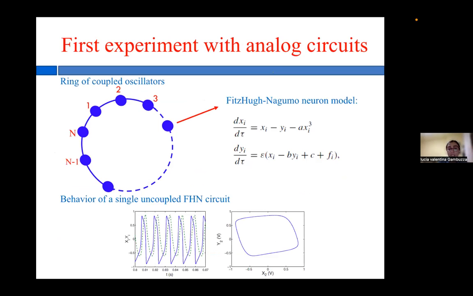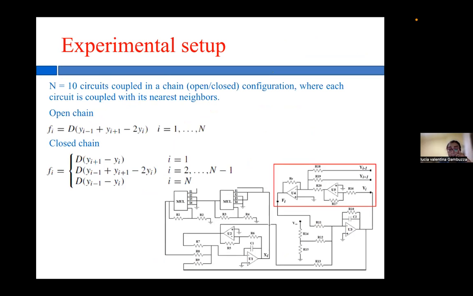We have considered a ring with just 10 units, and we arrange the units with just one connection, so that each unit is connected with one unit on the left and one unit on the right, and we monitor the behavior of these 10 FitzHugh-Nagumo units. In particular, we have implemented the dynamics of the FitzHugh-Nagumo in an electronic circuit.